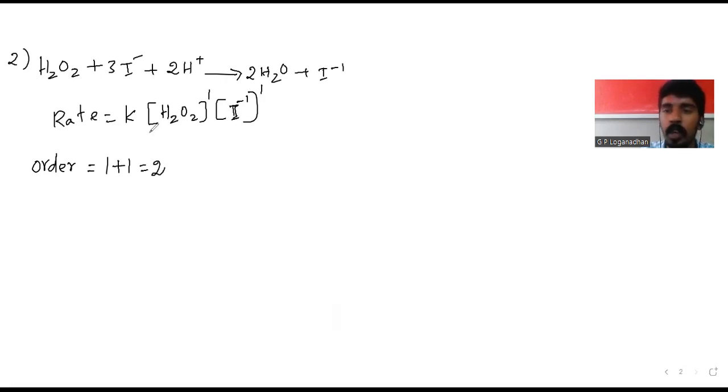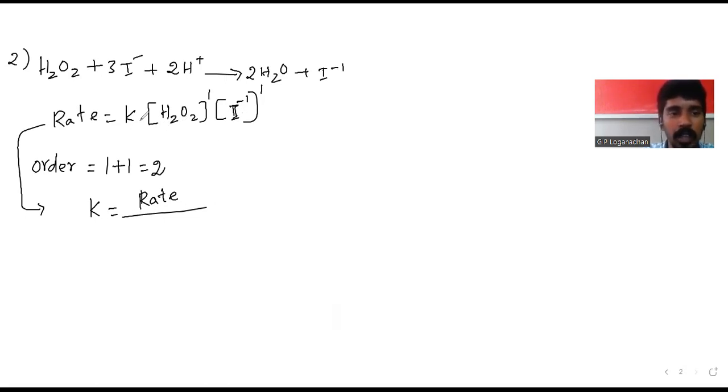At the same time, we have to find the rate constant. From this, you can write K equals rate divided by concentration terms. This is a concentration term, and this is also a concentration term, right?